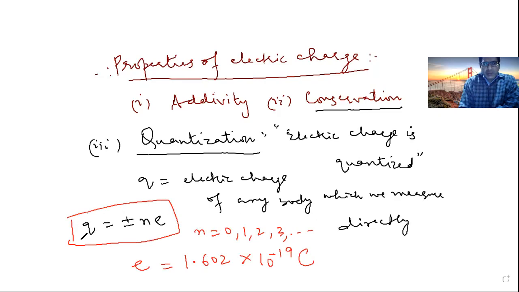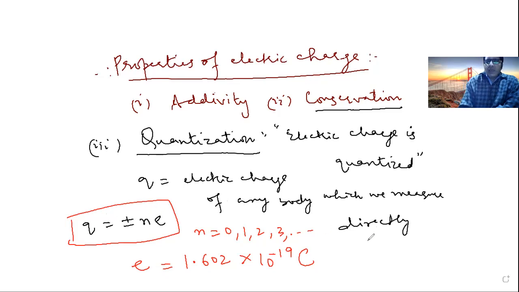Quantization means the charge we measure, Q of any body, always obeys this relation. That means either the body is neutral, that has no charge, then N is 0. Or if it is positively charged, it can have plus 1 E, N is 1, plus 2 E, N is 2, plus 3 E, and so on. Or if its charge is negative, it can be minus 1 E, minus 2 E, minus 3 E, and so on.